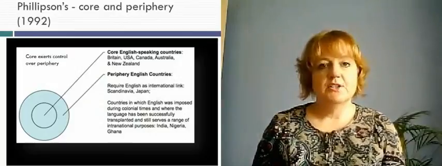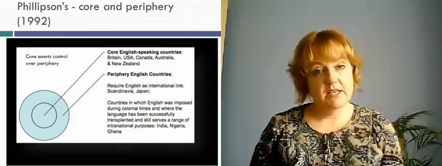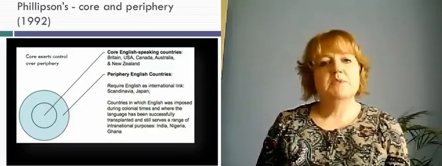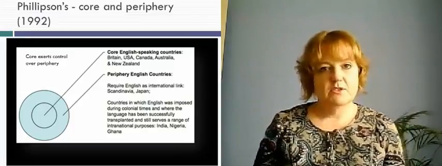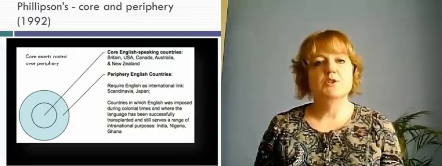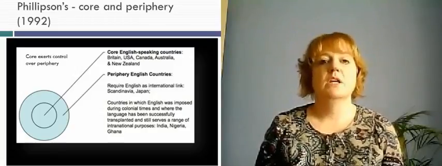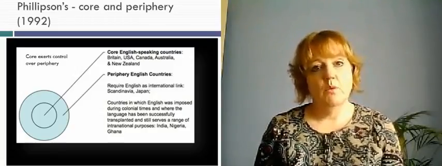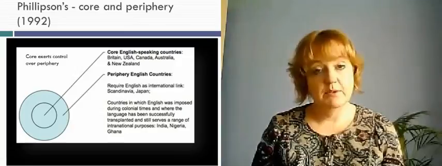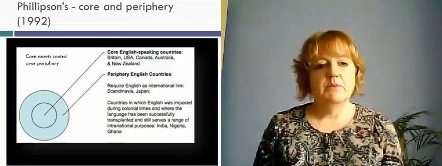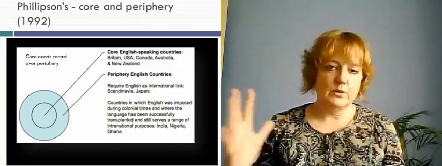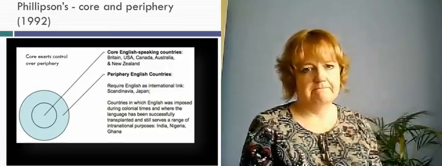Phillipson, in 1992, a very important person in this area, developed an alternate model to Kachru's three circles. He developed a model with only two circles, the core countries being where English is spoken as a first language or native language, and then the periphery is all the other countries.